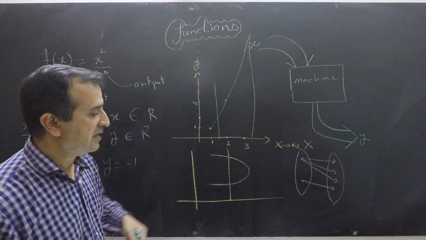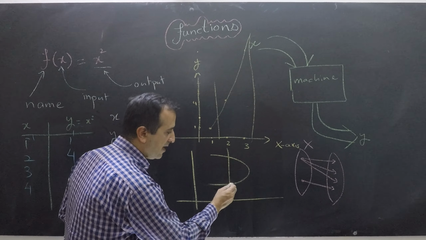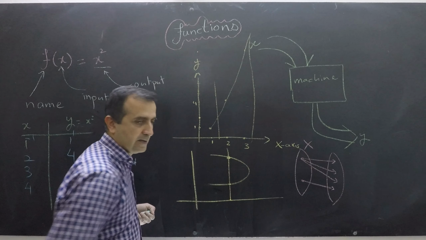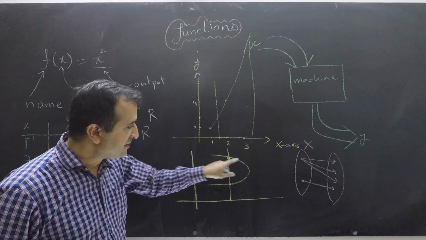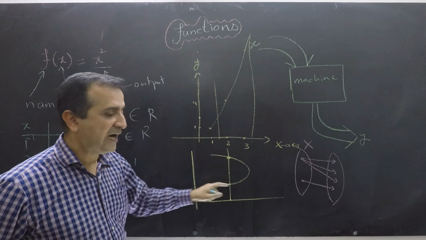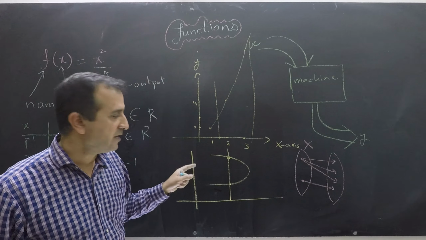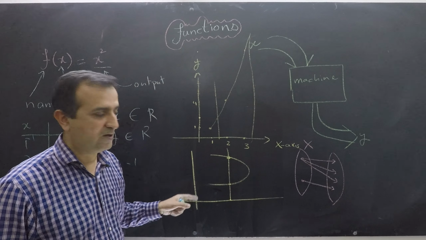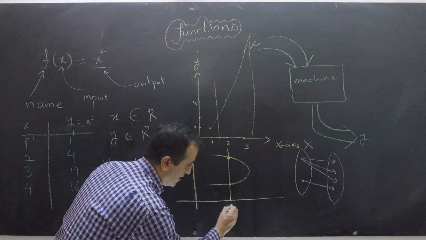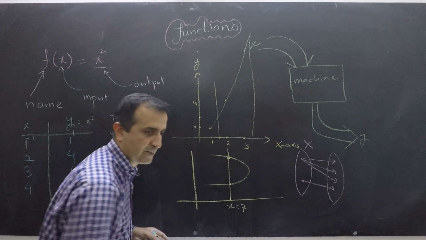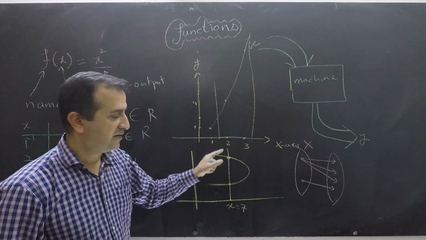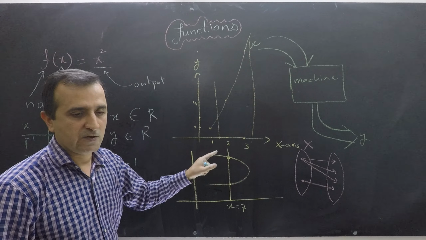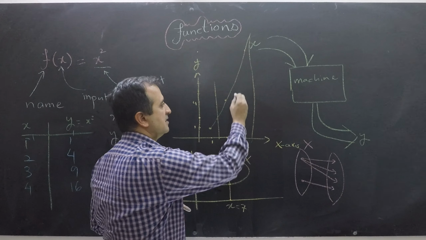Then this vertical line intersects this graph at two different points, right? So this graph, or this curve, maybe curve is a better word, doesn't represent a valid function, because for this value of x, let's say x equals 7, we have two different corresponding y values. So this is not a function.